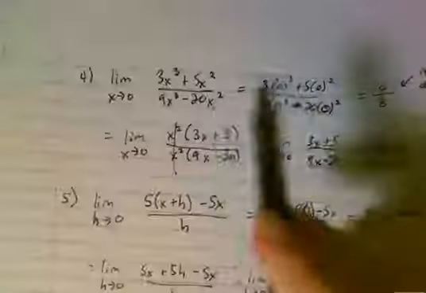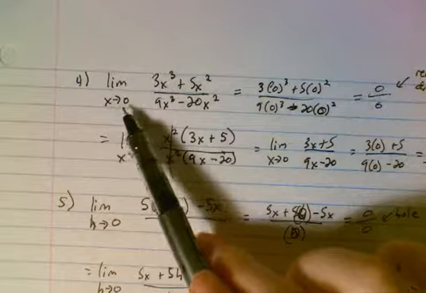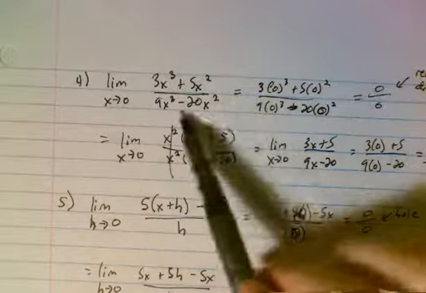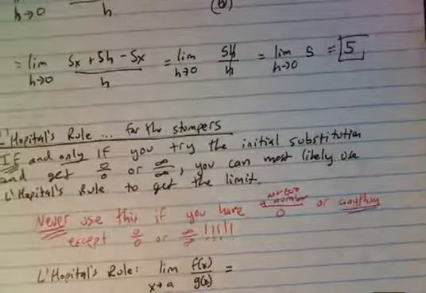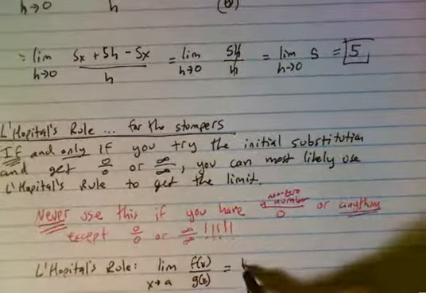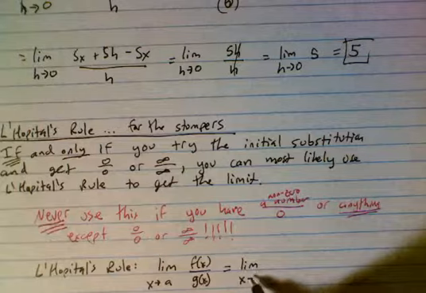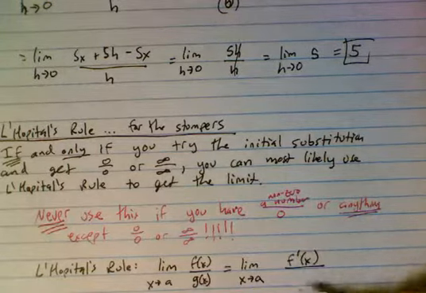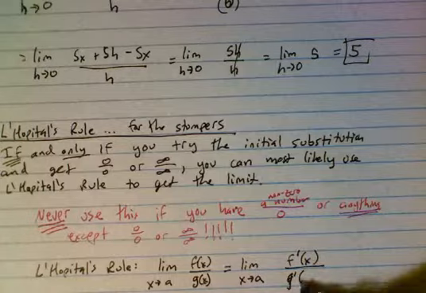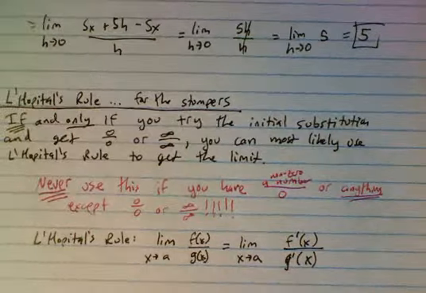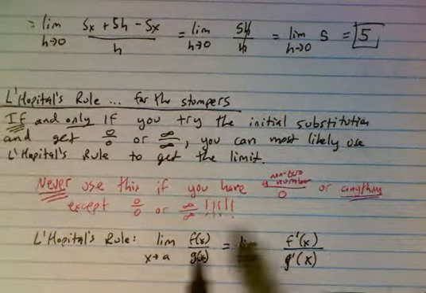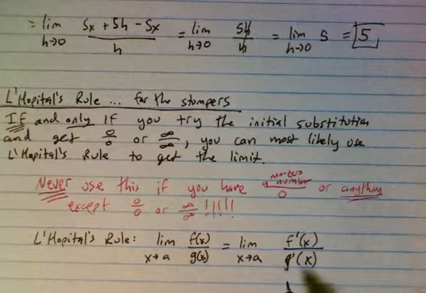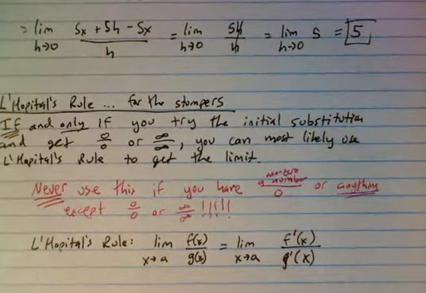So if we were looking at something like here, where we've got x approaching some number, and some function over some other function, it turns out that that is the same as the limit as x approaches a of the derivative of the top divided by the derivative of the bottom function. Note, this is not the quotient rule. It is not f prime g minus fg prime over g squared. It is not really parallel to anything else we've seen before. It's its own separate thing.